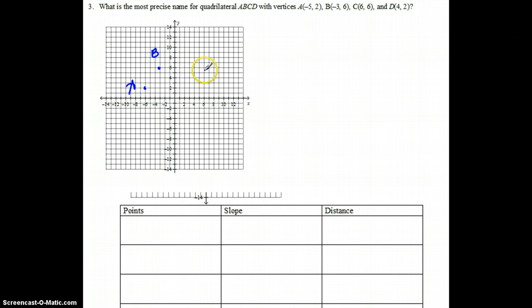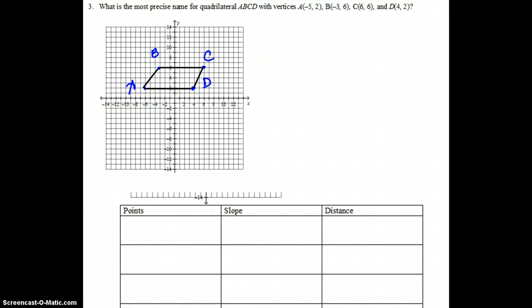Then 6, 6 would be C. And then 4, 2 would be D. So I'm going to grab my line here, and I'm going to make some straight lines between these points so I know what I'm looking for.